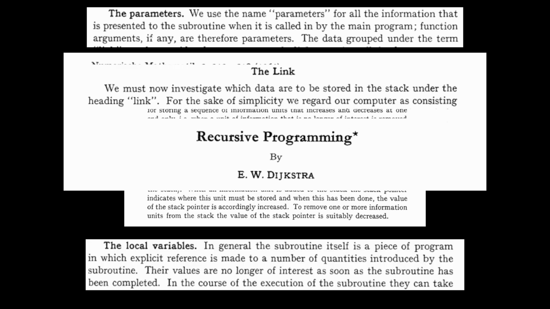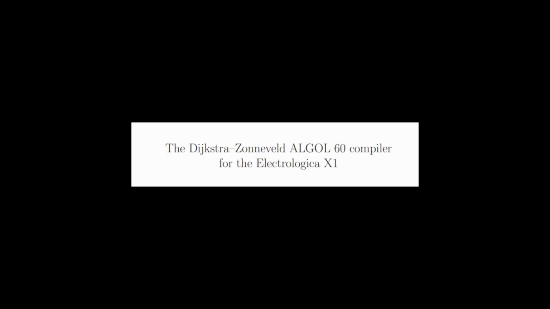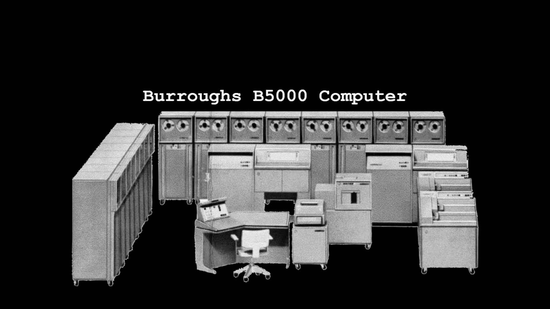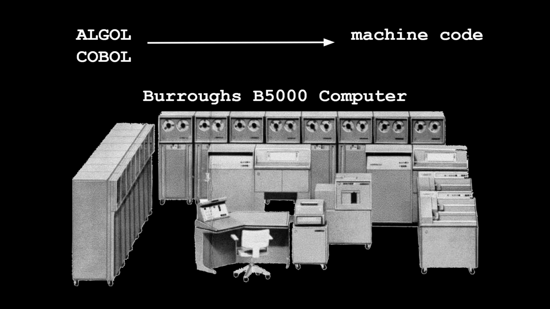And that's what he used to implement the first Algol 60 compiler, which later led to the development of computers like the B5000 in 1961, which was designed to compile Algol and COBOL into machine code written in Polish notation. And it did so by using several memory stacks and by providing stack registers.